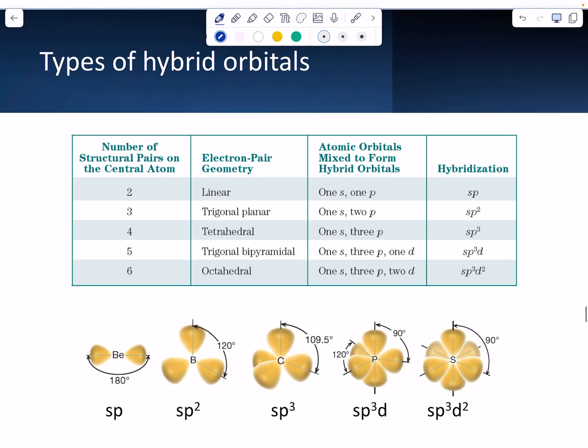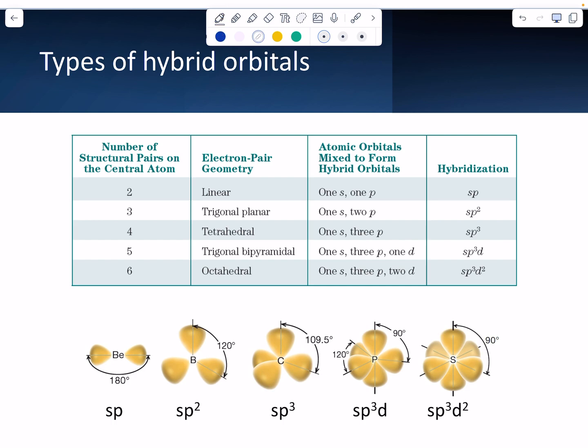All right. So these are our types of hybrid orbitals. When we're talking about hybrid orbitals and hybridization, we're only talking about sigma bonds. Because with hybrid orbitals and sigma bonds, the key is that everything is on the axis between the two nuclei.